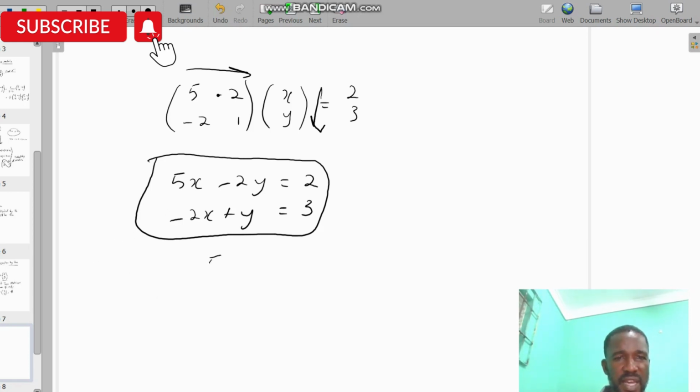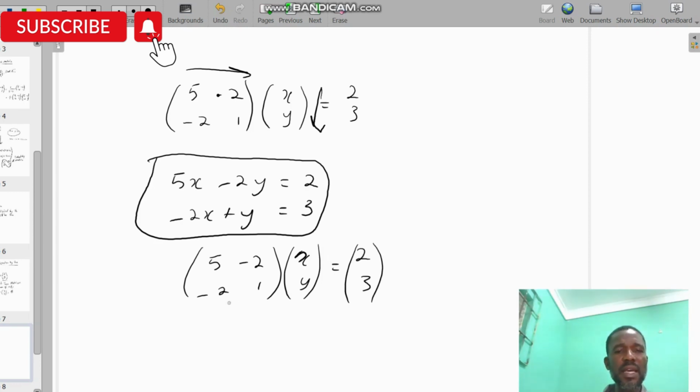Initially we had 5, -2, -2, 1, times x, y is equal to 2, 3, and we labelled this AX is equal to B. Remember we said that if we multiply a matrix by its inverse, we are going to get the identity matrix.